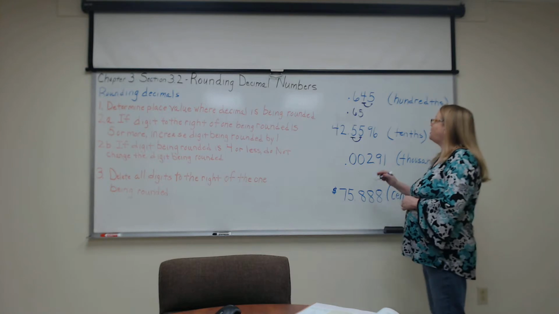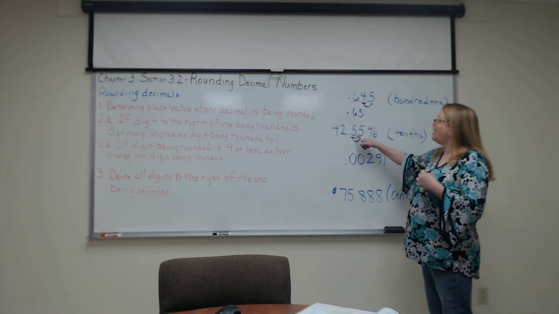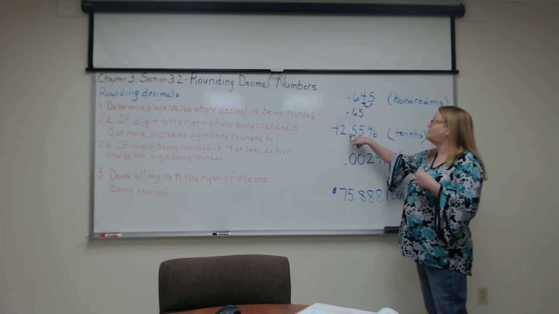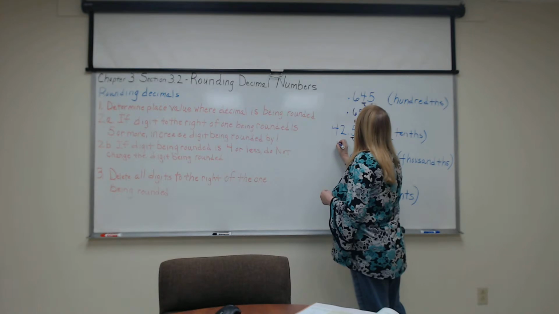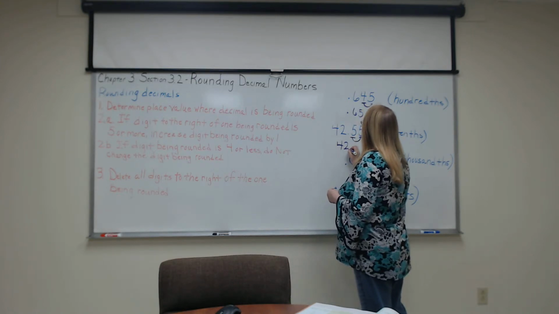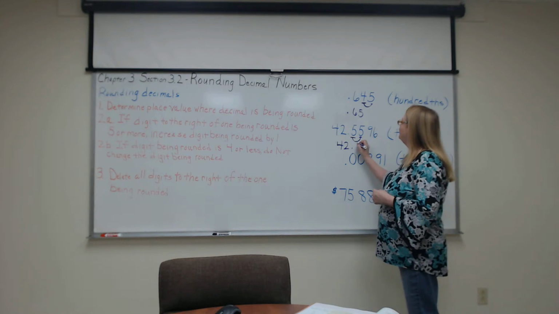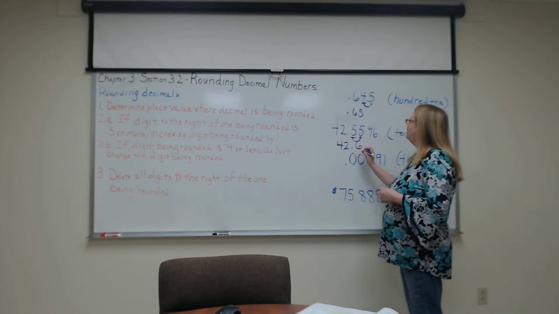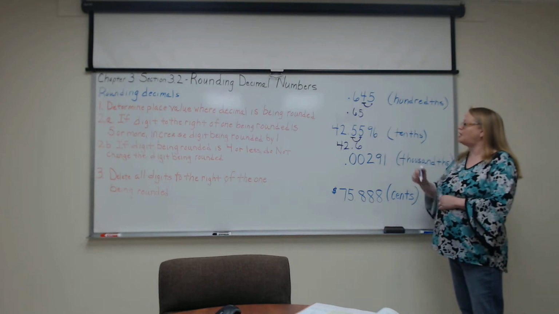Because this is a 5, the digit that's being rounded is going to increase by 1. So this will now read 42 and 6/10. Remember, everything else drops off.